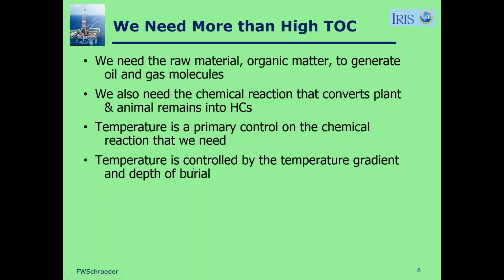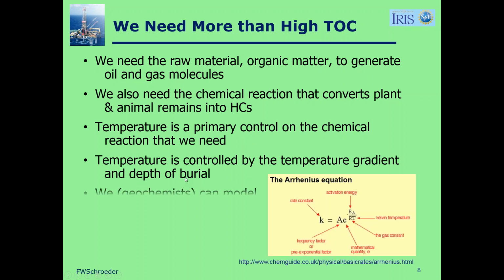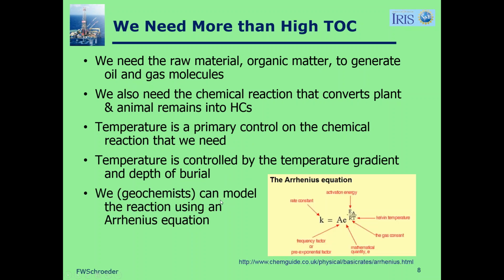The temperature is controlled by the temperature gradient and also by the depth of burial. And the geochemist can model the reactions of going from the organic material to the oil and gas, and they use what are called Arrhenius equations.